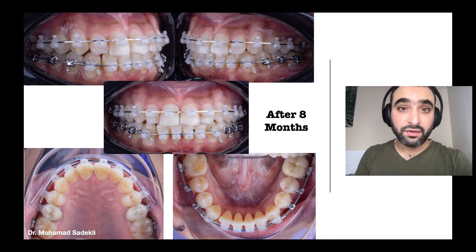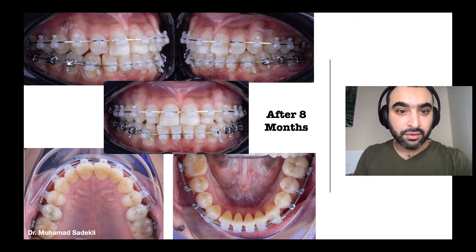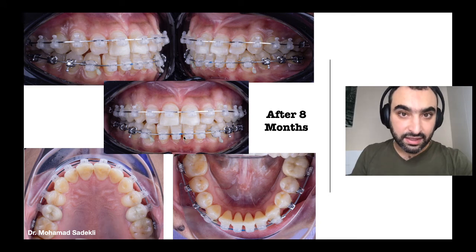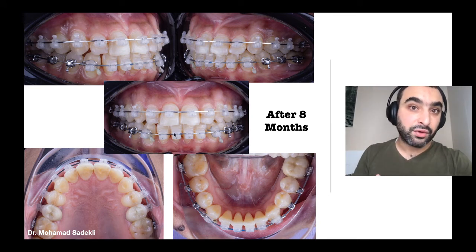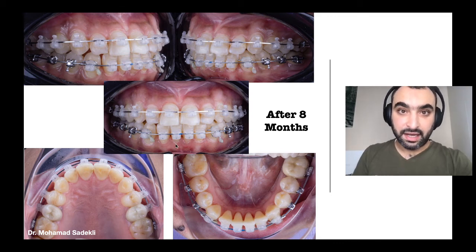I used 5/16 light elastic for 8 hours, then I increased it to 16 hours when I got the 14x25 copper nitinol on upper and lower. And then I kept using the 5/16 until I reached the 18x25 copper nitinol for upper and lower.